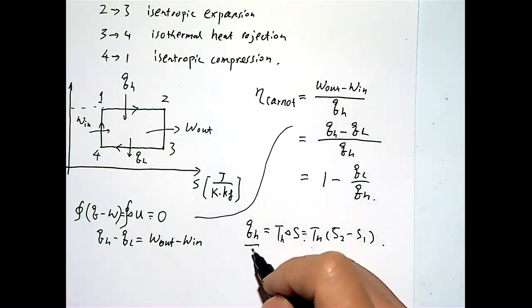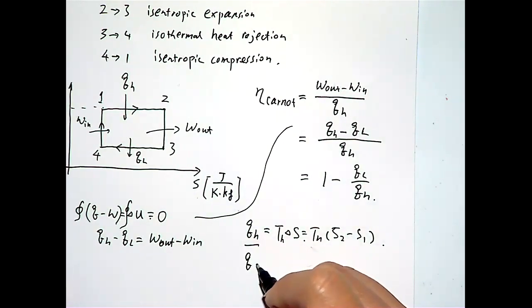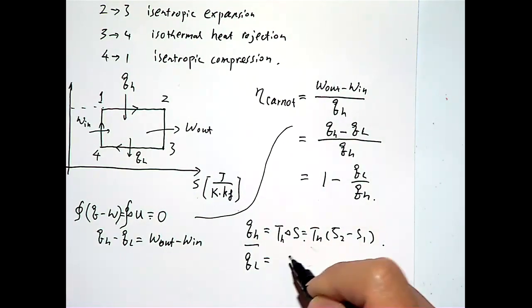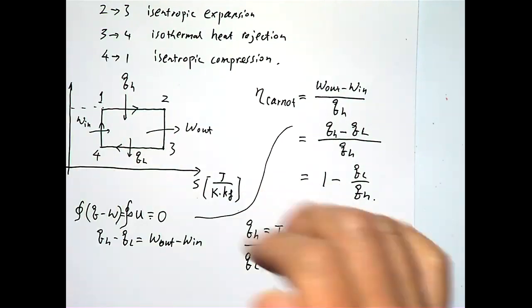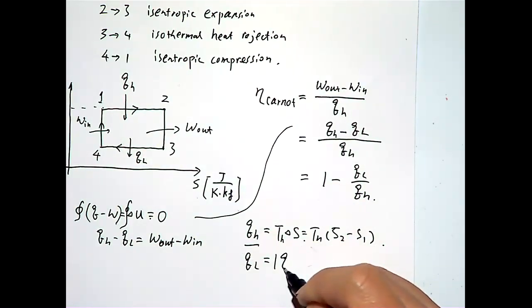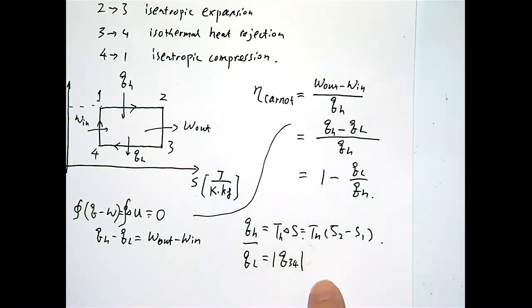Similarly, if we do the QL, if we write it for the step from state 3 to 4, this step is a heat rejection process, so the Q is supposed to be negative, but we are only dealing with the absolute value here.